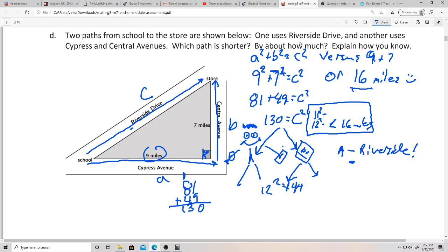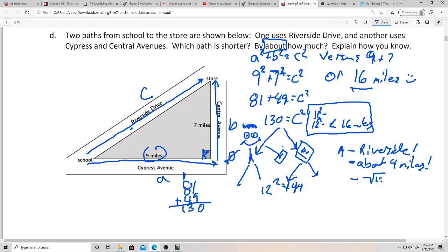Now, it says by about how much? Well, okay, so I would say this about 4 miles. And then it says explain how you know. Well, the square root of 130 is between 11 and 12.